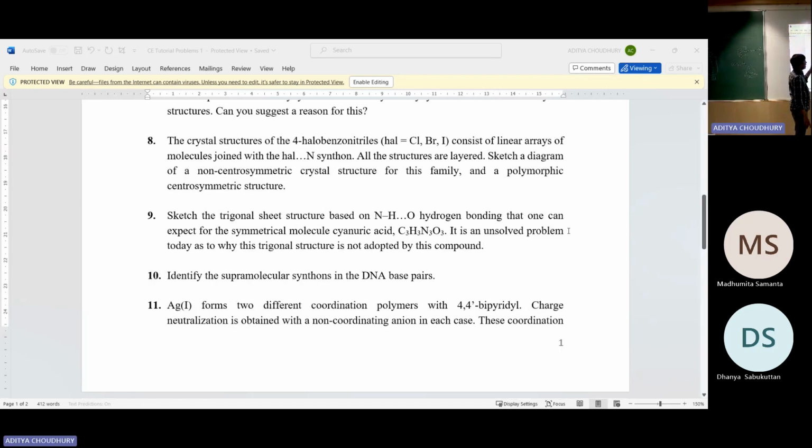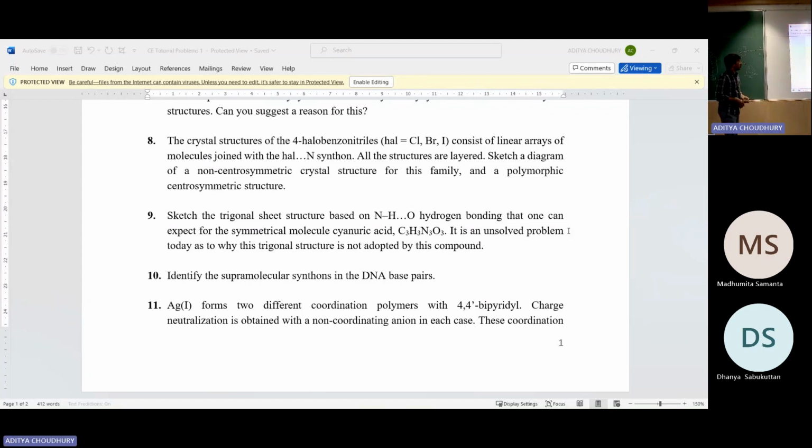The crystal structure of 4-halobenzonitriles consists of a linear array of molecules joined in a halogen-nitrogen synthon. All the structures are layered, most of them. Sketch a diagram of a non-centrosymmetric crystal structure for this family and the polymer centrosymmetric structures. I think you have briefly studied SHG, and before that non-centrosymmetry, right?